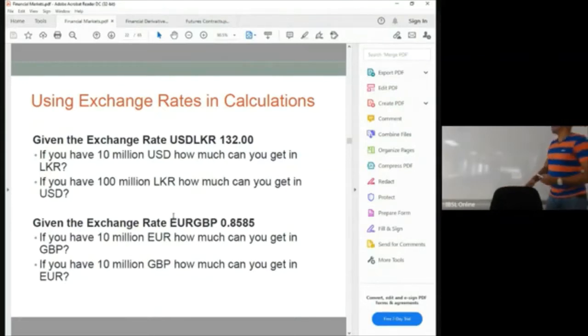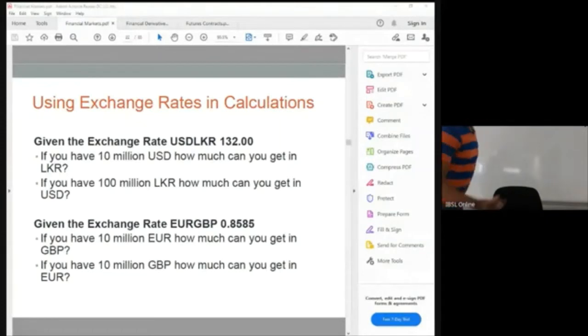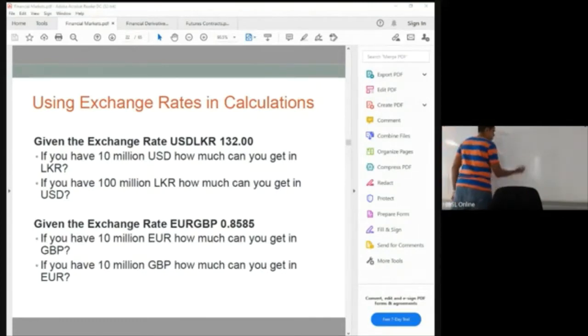Right? So the exchange rate, let's write that down first. $132. Okay.